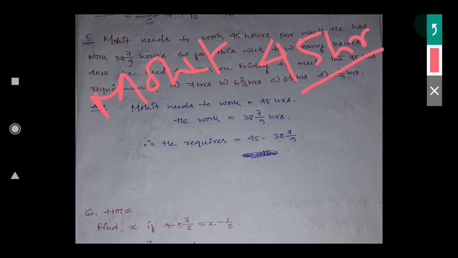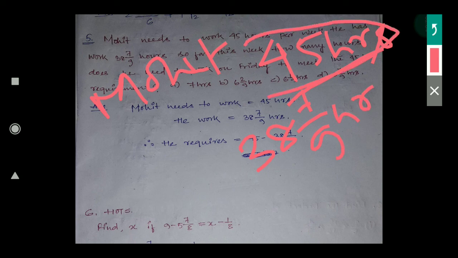Up to Thursday he worked how much? He worked 38 7 by 9 hours. Means out of these 45 hours he worked this much.